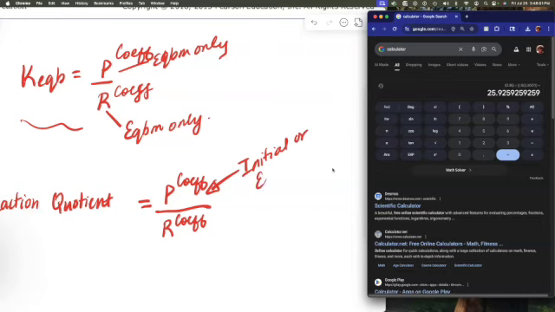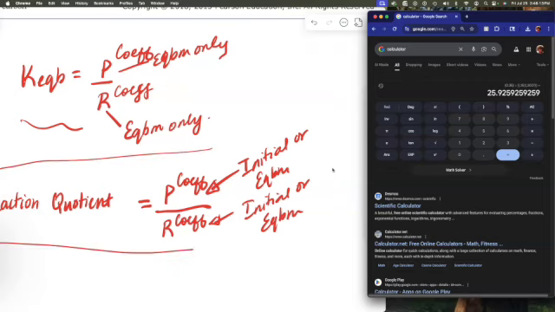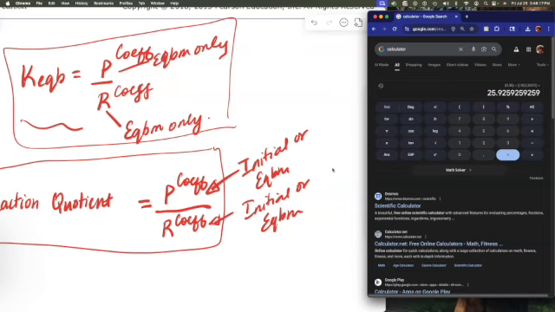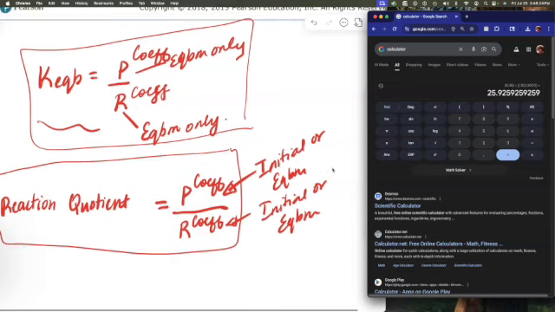Now you can place initial or equilibrium numbers. The idea is there is more flexibility when you're figuring out the reaction quotient than when you're figuring out the equilibrium. Equilibrium constant can only accept equilibrium numbers. Reaction quotient can accept initial numbers or equilibrium numbers.